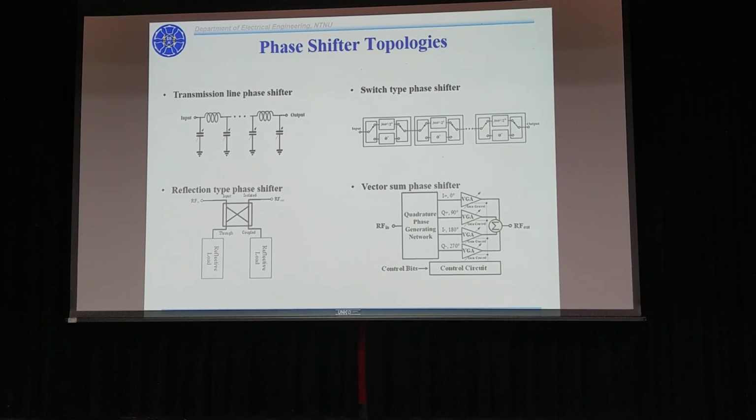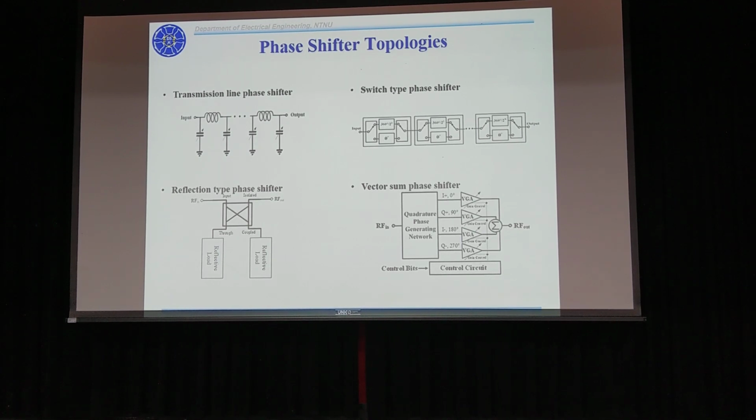There are 4 types of phase shifters. The first is the transmission line type. It includes pi type and T type. The pi type generates phase shift by adjusting the variable capacitor. The capacitor is sensitive in the CMOS process, and it causes process variation.